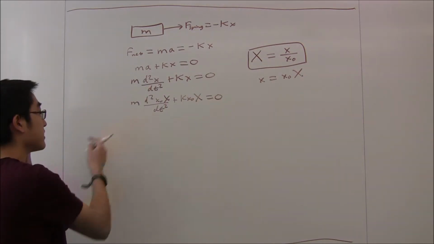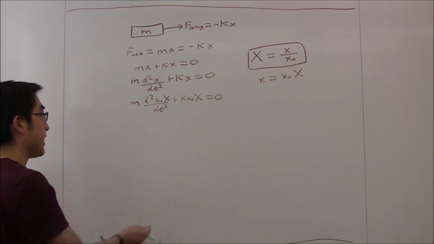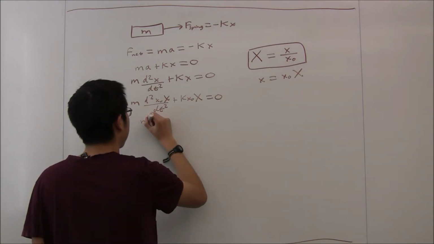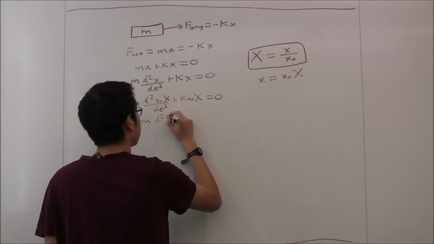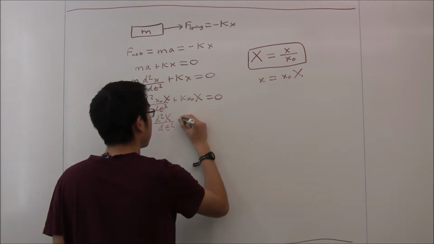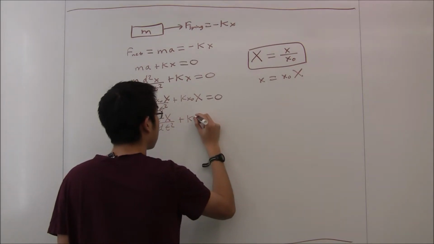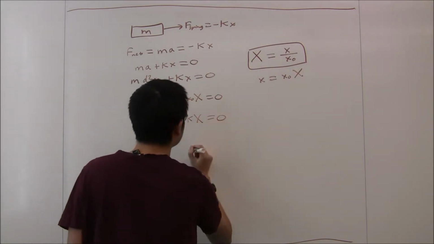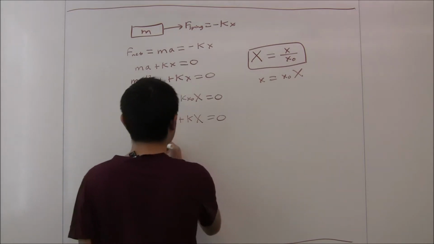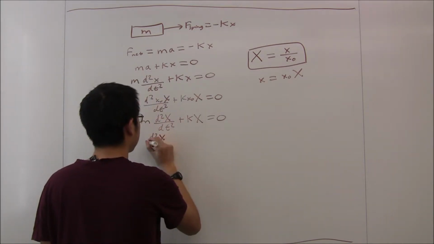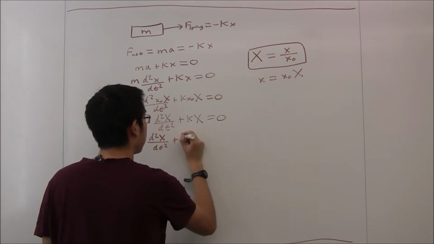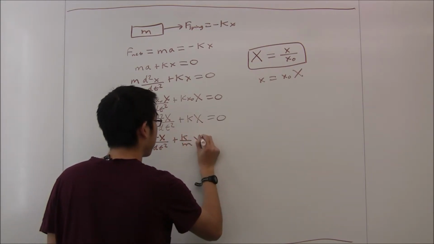Now, since x naught is a constant, we can factor that out of the derivative, and it'll cancel with this x naught, so we just get m times the second derivative of big X with respect to t plus k times big X equal to 0. And now if we divide by m, we get that the second derivative of big X with respect to t squared plus k over m big X equal to 0.